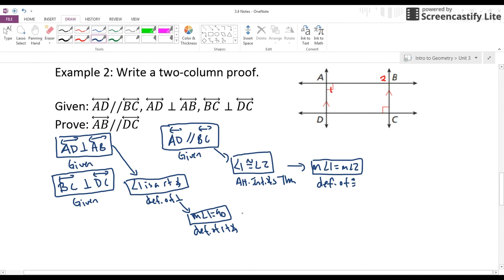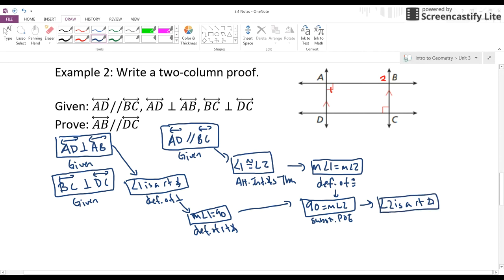So I can now substitute. All right, so let's go ahead and substitute and say that, well, 90 is equal to the measure of angle 2, right? That's my substitution. What does this mean if the measure of angle 2 is 90? Well, it means angle 2 is a right angle. And that's your definition of right angle.